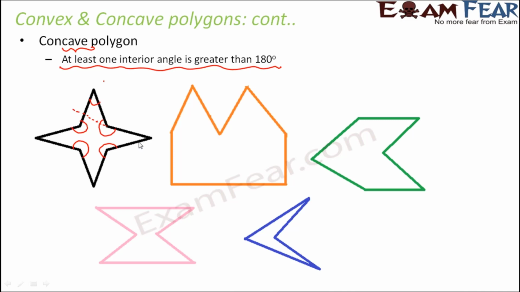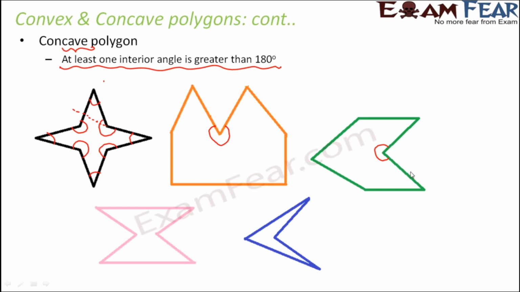But these angles are less than 180. Let's look at this diagram. Here you see, look at this angle. This is more than 180 degrees, but other than this, all other angles are less than 180. Here you have this angle more than 180. Wherever you have an angle greater than 180, there you see the cave-like thing.